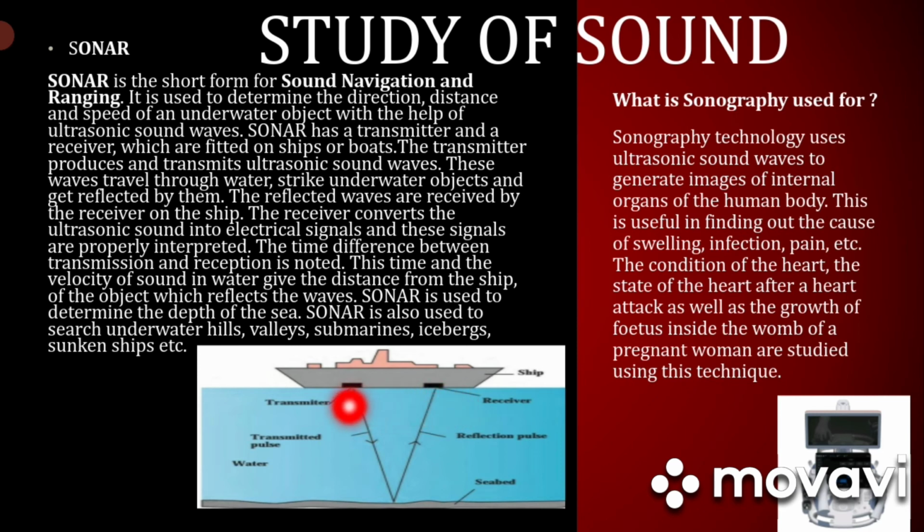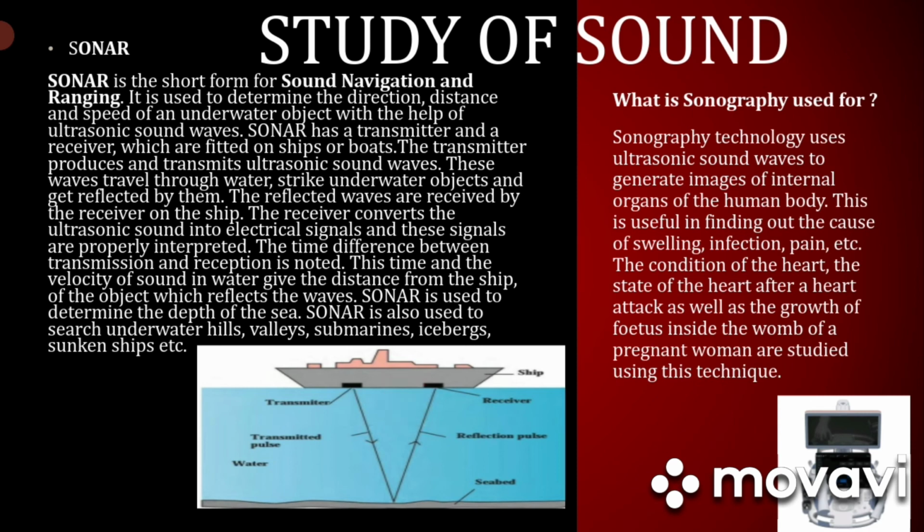The transmitter produces and transmits ultrasonic sound waves. These waves travel through water, strike underwater objects, and get reflected by them. The reflected waves are received by the receiver on the ship.